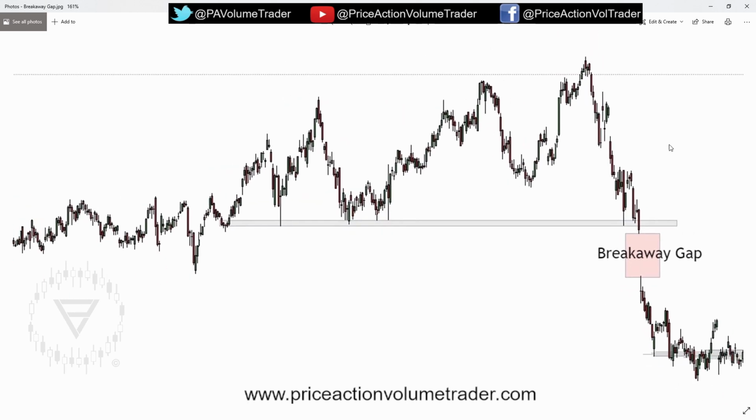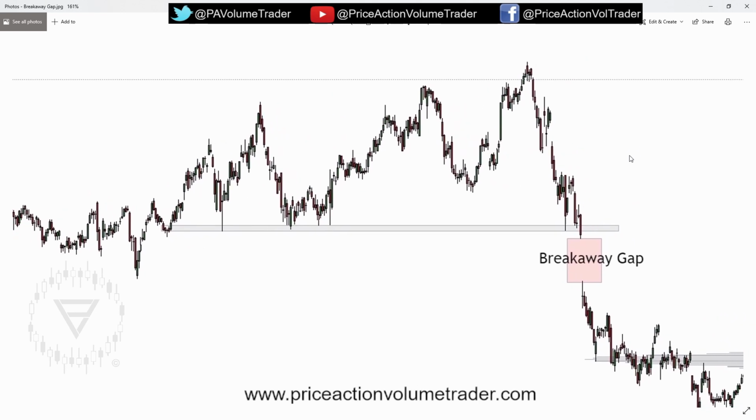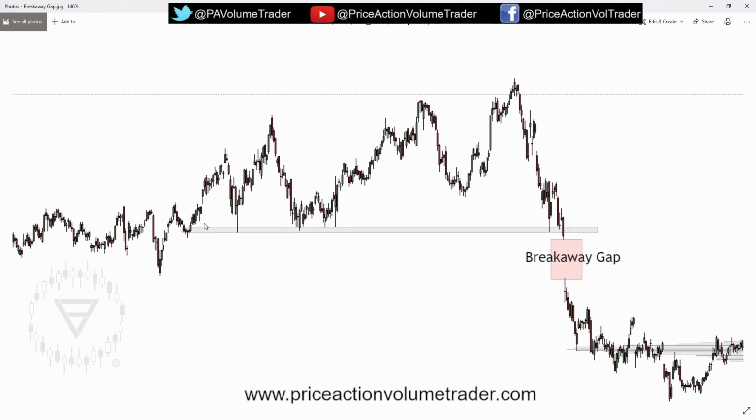In this case, I want to show you an example of a breakaway gap, where we have this gray support level that has bounced prices a lot over the last few months, and then finally we have a red day closing through it, and the next day a big empty gap, and then price just continues down. So this is a breakaway gap outside of this pattern.